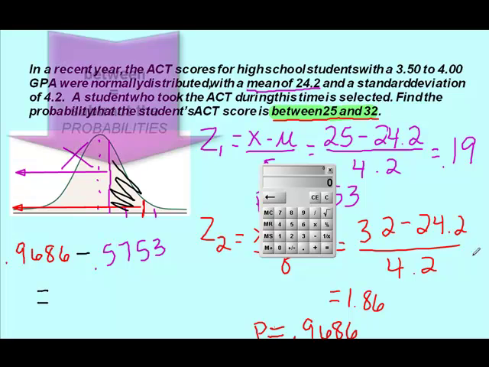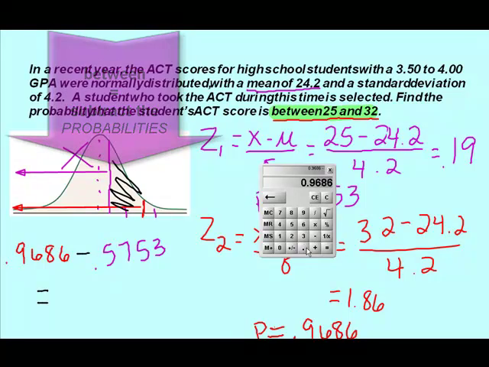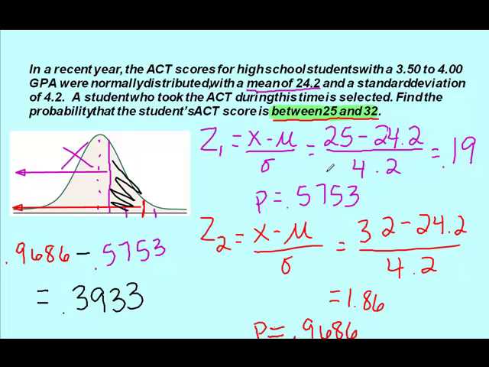If you see the words between, you need to subtract. Subtract probabilities, not z-scores. The answer that I'm looking for, 0.3933. To answer the question, about 39% score between 25 and 32 on the ACT.